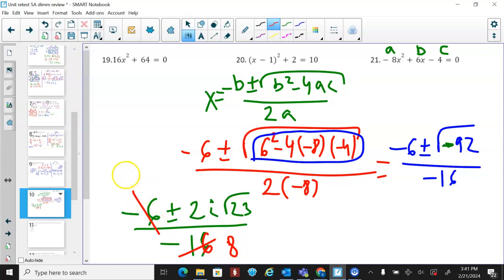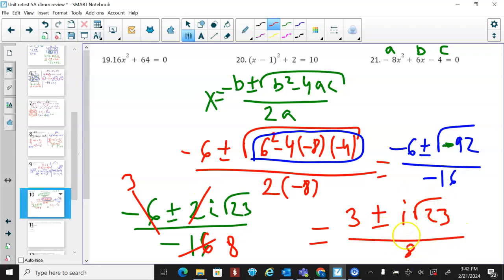Negative 6 divided by negative 2 is positive 3. And 2 divided by negative 2 is still going to be plus or minus i. Okay, so my final answer is 3 plus or minus i root 23 divided by 8. Okay?